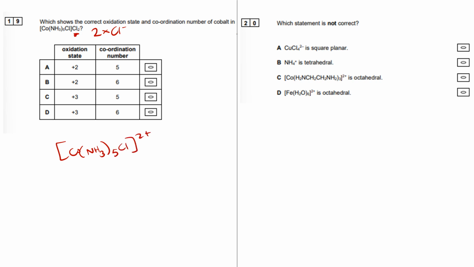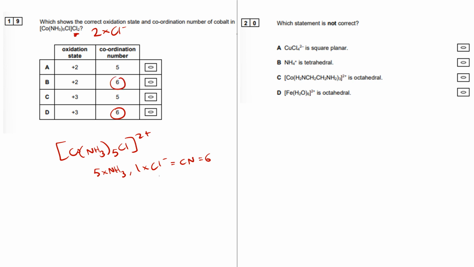So this is our complex. Now we have 5 ammonias as ligands and 1 chloride as a ligand. So the coordination number is going to be 6. There are 6 ligands bonded. So B or D are correct.